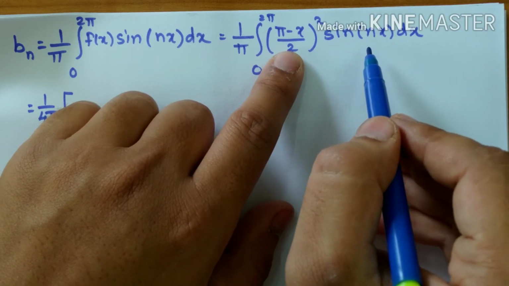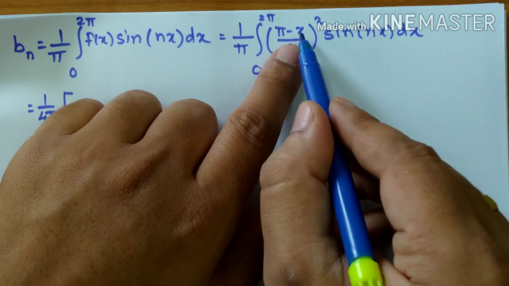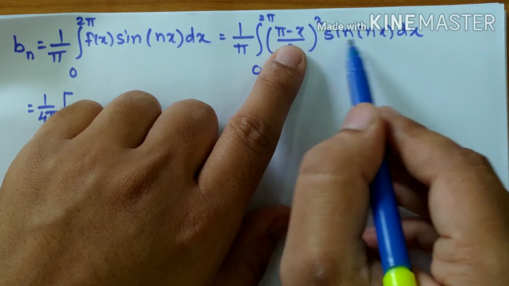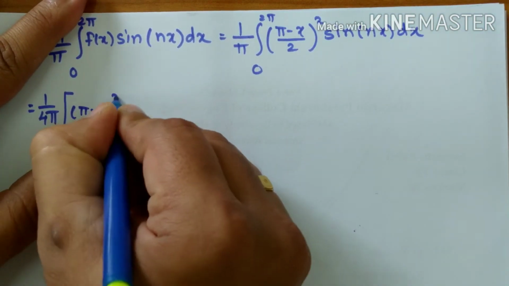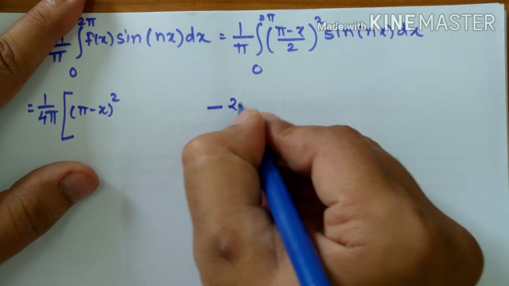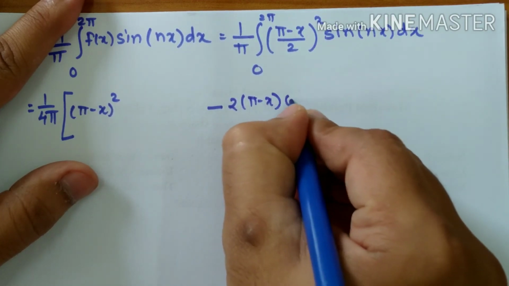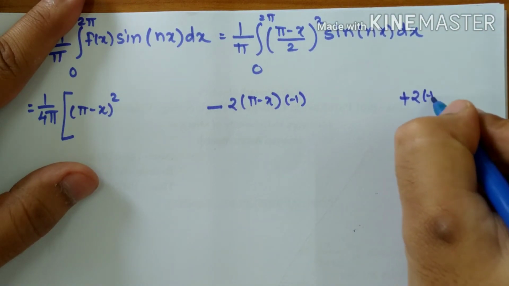Like the previous one, we will follow the u into v rule, but here u is (pi minus x) square and v is sine nx. So first (pi minus x) square, in the next term we have the derivative, that is 2 times (pi minus x) into minus 1, and in the next term plus 2 times minus 1 into minus 1.